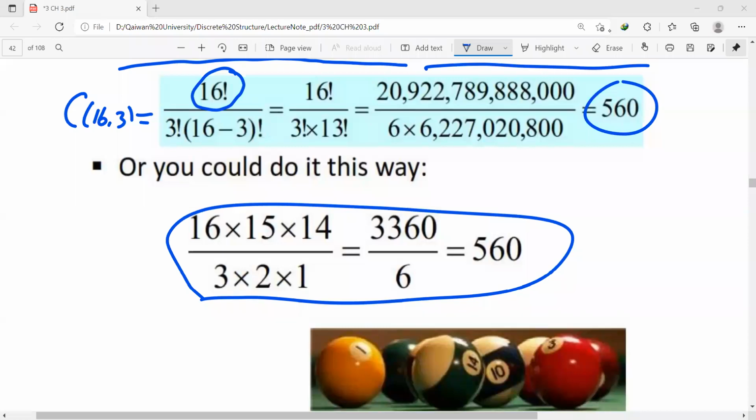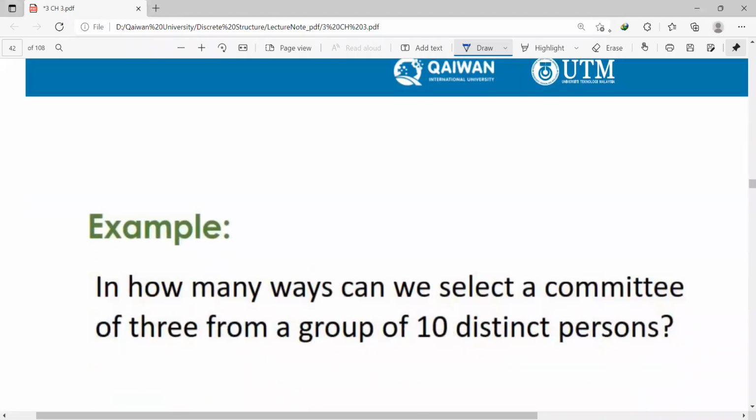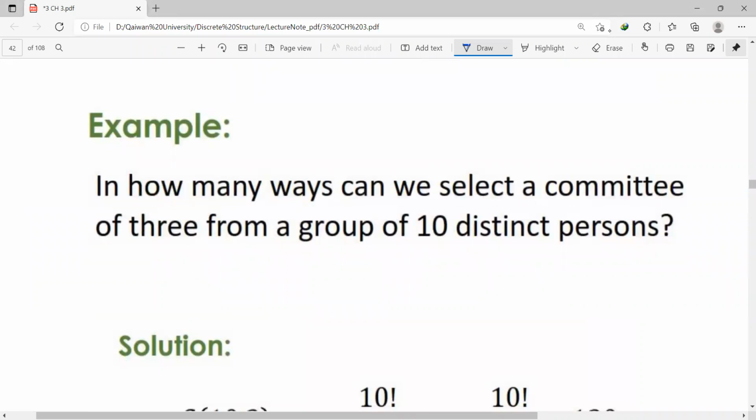So we finished this example. We now have another example. It says, in how many ways can you select a committee of 3 from a group of 10 distinct persons? Here we have 10 people. From these people, we want to make a committee.